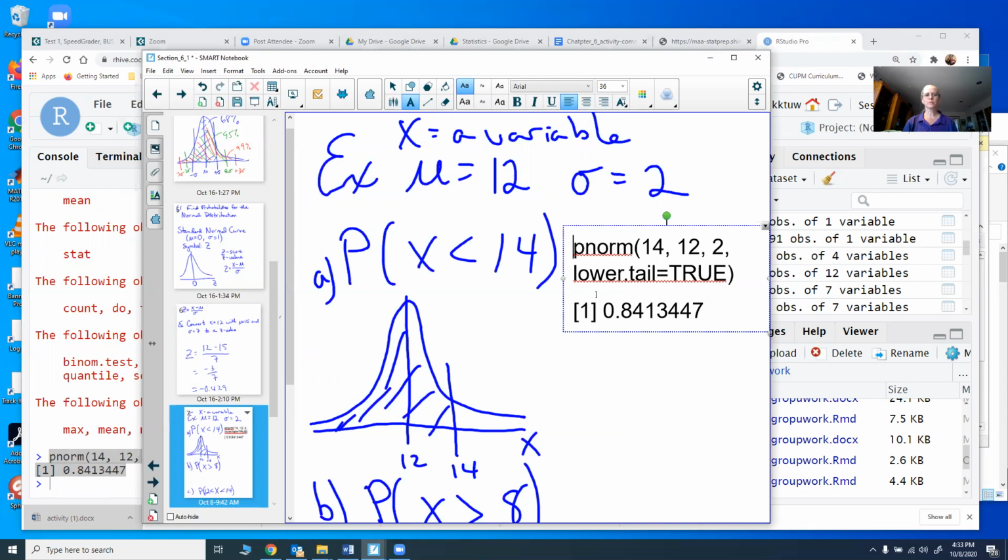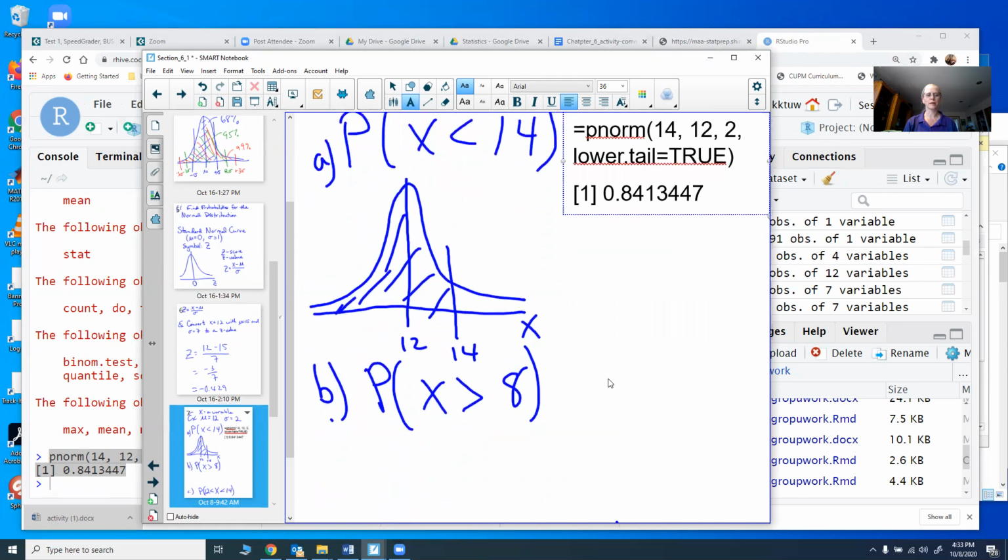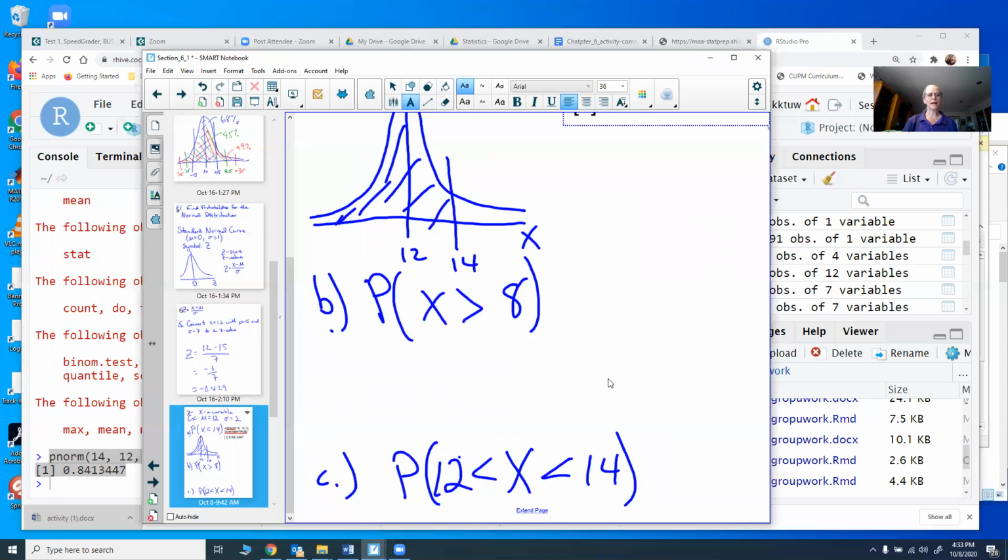That's how we calculate it, and that gives us our probability. So notice our probability is about 0.84 or 84%. And look, there's an awful lot of this curve shaded, so 84% makes sense.